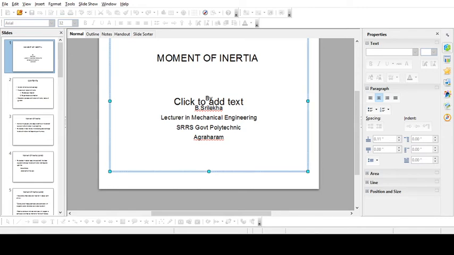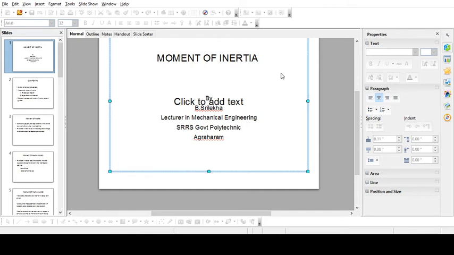Similarly, Ixx means the sum of Ig plus A h square. This is nothing but the parallel axis theorem. It is simply the moment of inertia about its own centroidal axis plus the product of the area of the section and the square of the distance between the two axes, nothing but Ig plus A h square.